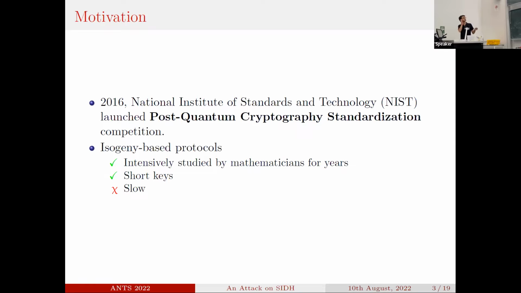Isogeny-based protocols have many features. First of all, isogenies have been intensively studied by mathematicians for years, so we know quite a lot about isogenies and how to work with them. As Badr said, isogeny-based protocols enjoy short keys, but there is a drawback: compared to other protocols, they are slower.